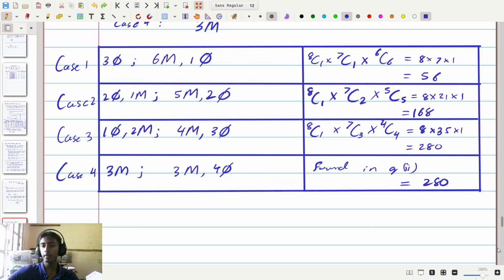Adding all of those different combinations up, our total sum is going to be 56 plus 168 plus 280 plus 280. 280 plus 280 is 560, plus 56 is 616, and 616 plus 168 is 784. So we have 784 different combinations for giving one person 3 different fruits and giving the rest of them any fruits that are left over.